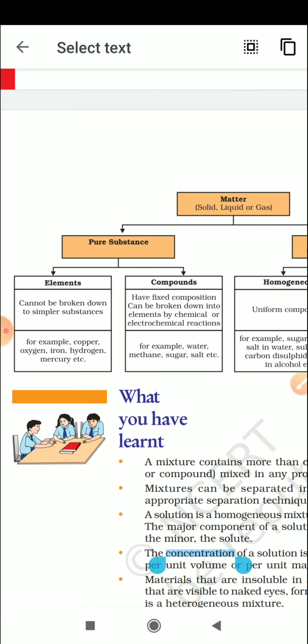There are chemical processes by which we can do it, but physically we cannot do it. Fine, but a mixture, as you know, we can separate. So compounds have a fixed composition and cannot be broken down into elements by physical means. Physically you cannot separate it, but chemically you can do it. There is a process for that.